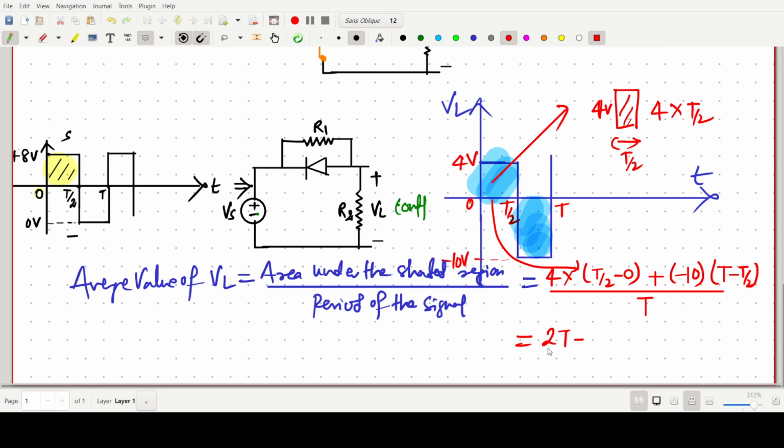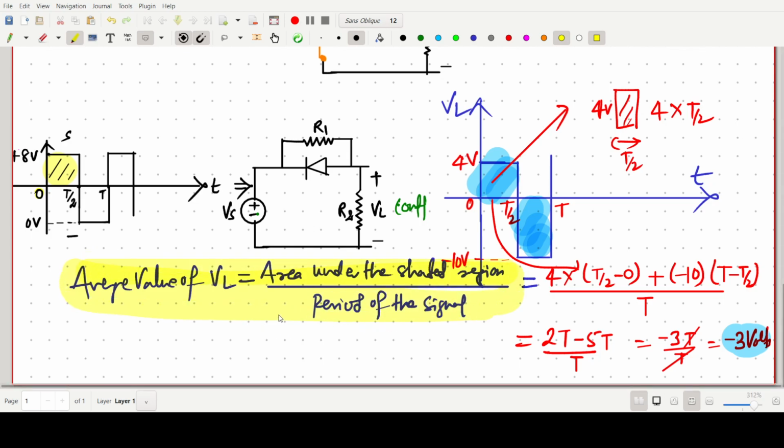So it should be 2T minus 5T divided by T, so it should be minus 3T by T. So overall voltage will be minus 3 volts. So this will be the final average value. We have calculated this by just applying this simple concept.